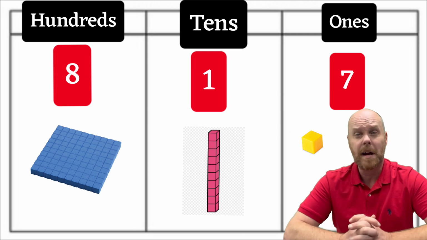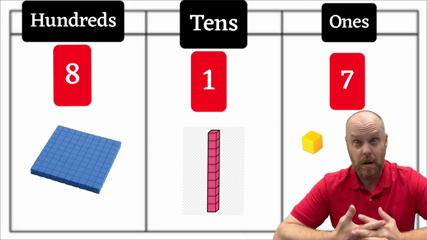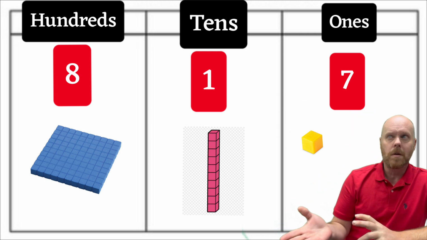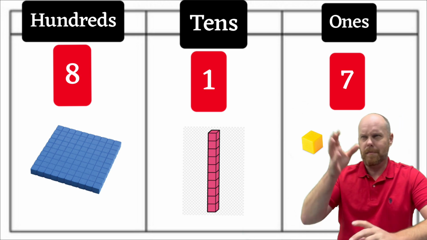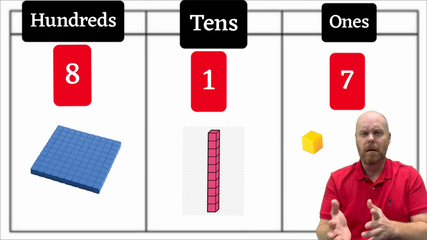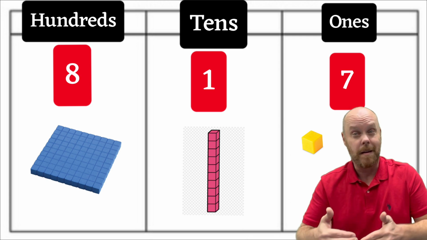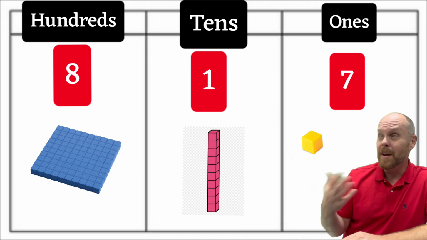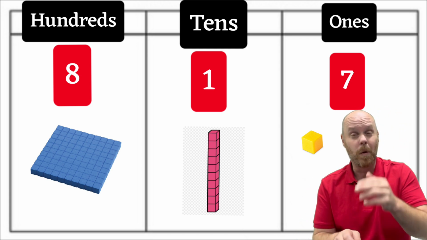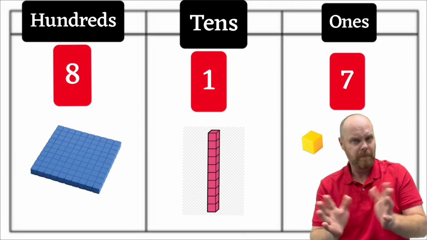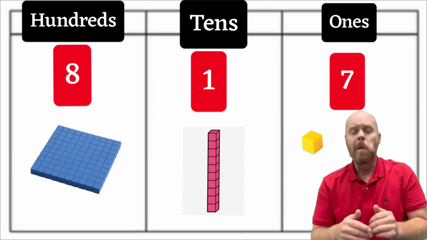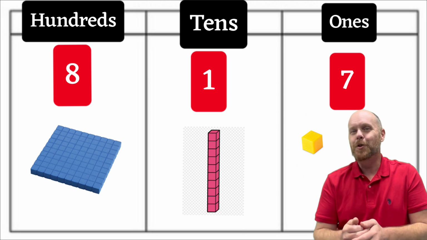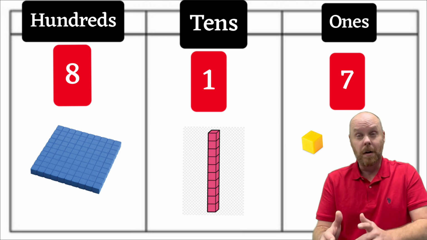This big square will equal 100. This next one, you see, is like a line. It's like a rod. Well, these all equal 10. And these little ones right here, well, they equal 1. Fairly simple, correct?